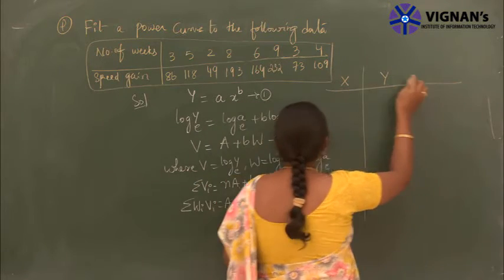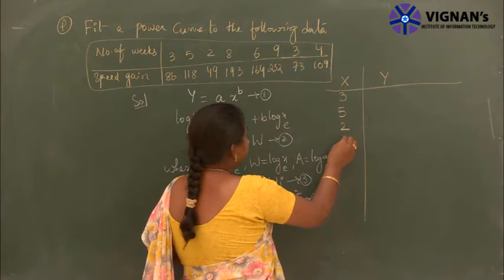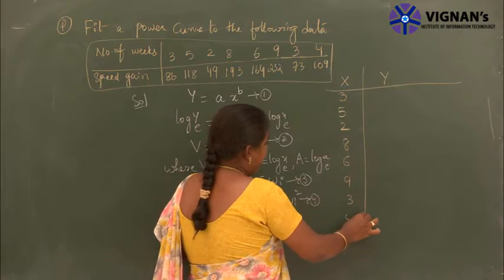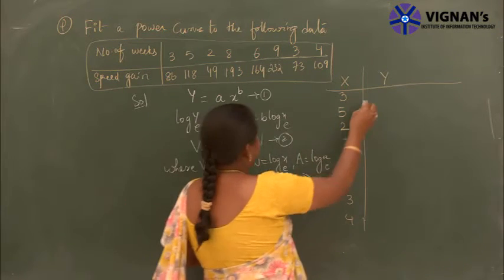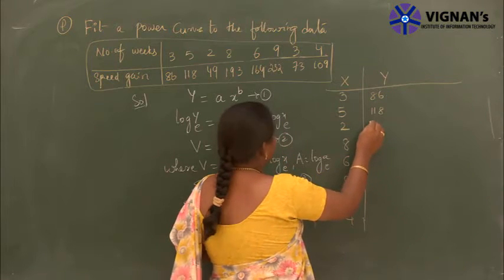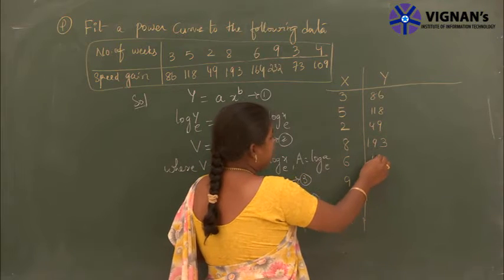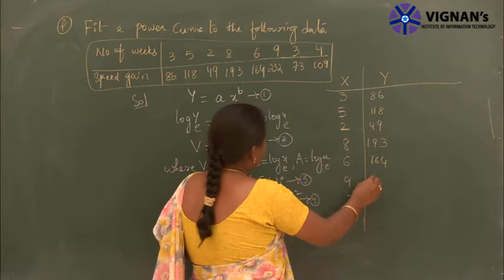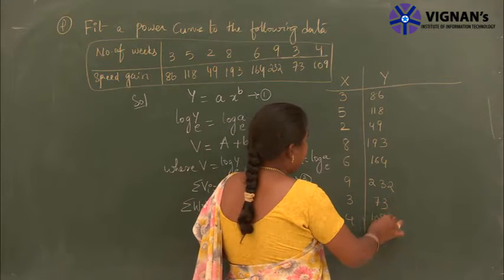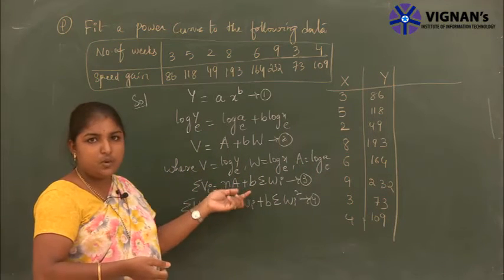The x values given are 3, 5, 2, 8, 6, 9, 3 and 4. And the y values are 86, 118, 49, 193, 164, 232, 73, 109.